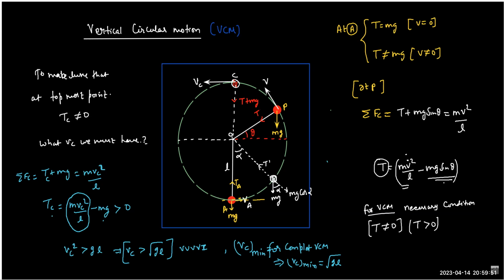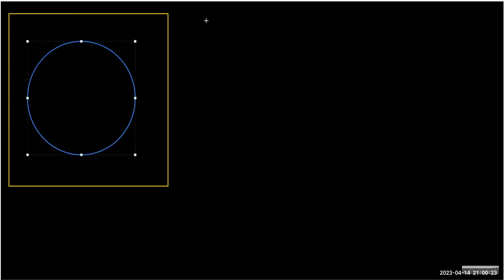I hope this is clear. So the moment you realize that at the topmost point of the journey we need a velocity of value more than or equal to root of gL, you can actually guess what velocity we need at the bottommost point as well. Once you know the answer for the topmost point, we can calculate the V at any other point with ease.